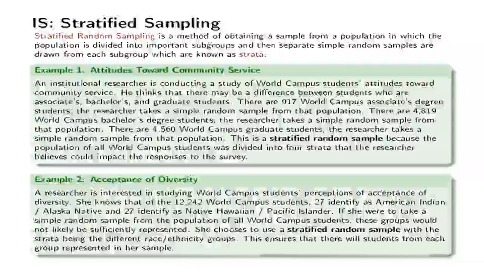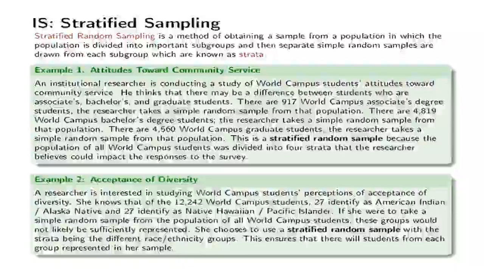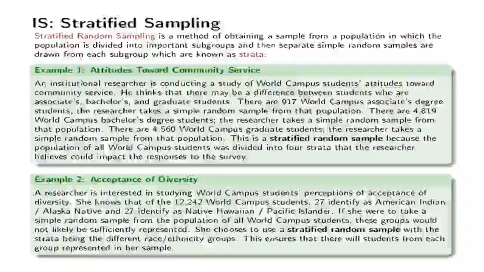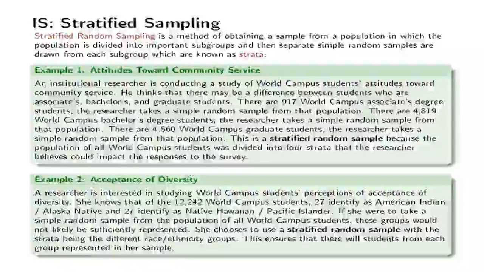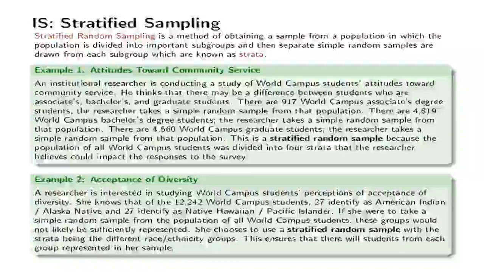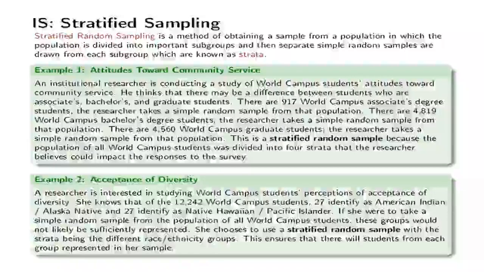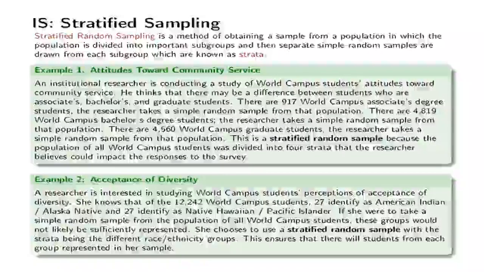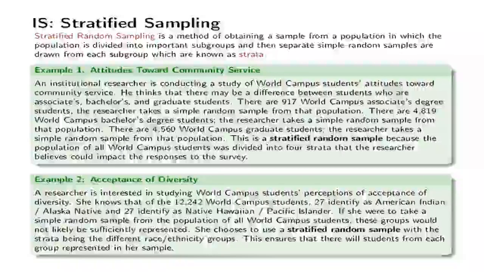Second example, acceptance of diversity. A researcher is interested in studying World Campus students' perceptions of acceptance of diversity. She knows that of the 12,242 World Campus students, 27 identify as American Indian, Alaska Native, and 27 identify as Native Hawaiian, Pacific Islander.